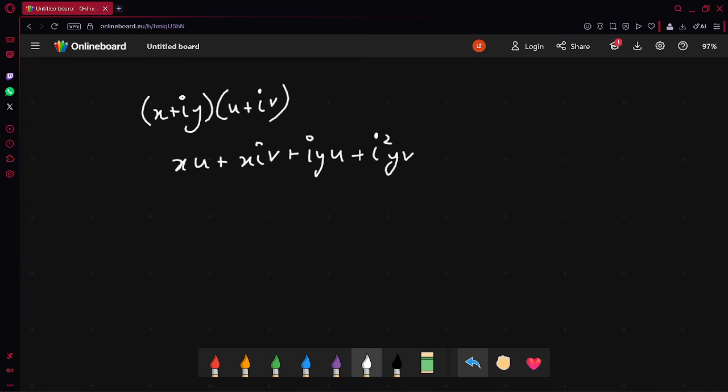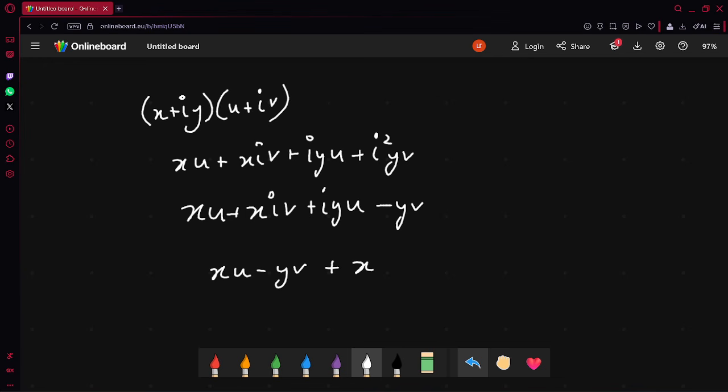You just expand the bracket and you get xu plus xiv plus iyu, and this is i squared equals negative 1, so minus yv. So xu minus yv plus xiv plus iyu.